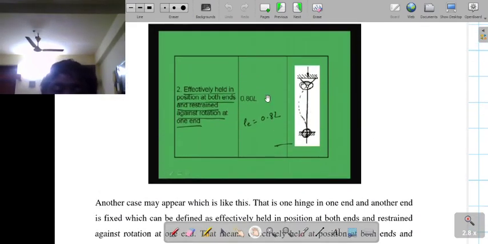Now look at this one. On one side rotation is blocked, but on the other side rotation is permitted. But on both sides horizontal and vertical movements are not permitted. So it is written like this: effectively held in position at both ends, and restrained against rotation at one end. In such a case, the effective length will be 0.8 L.